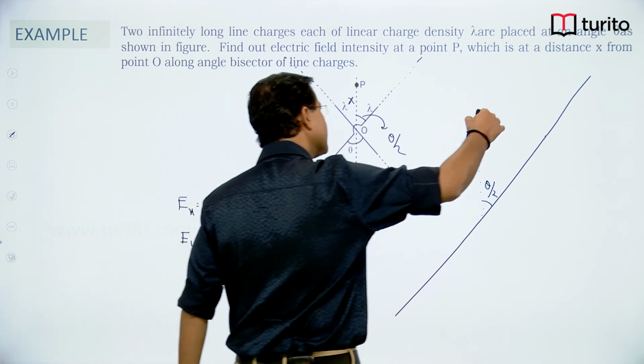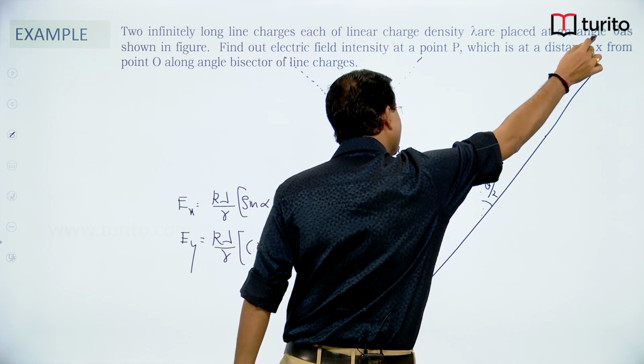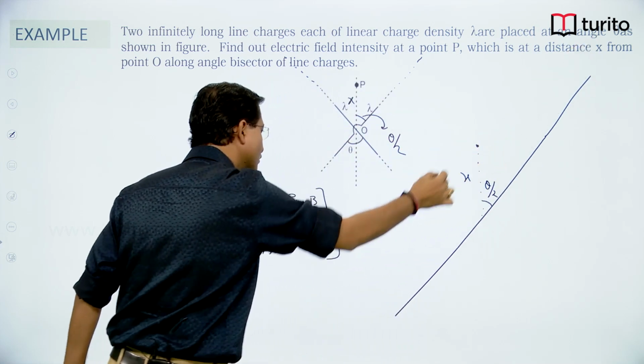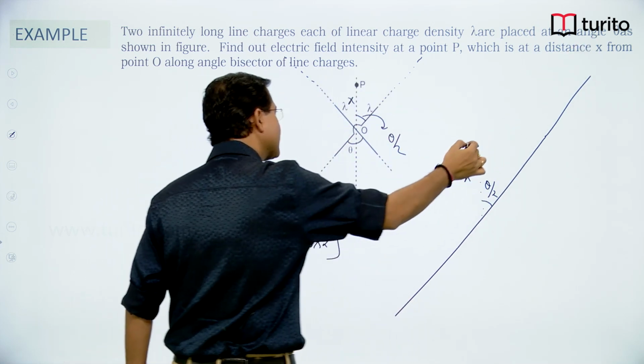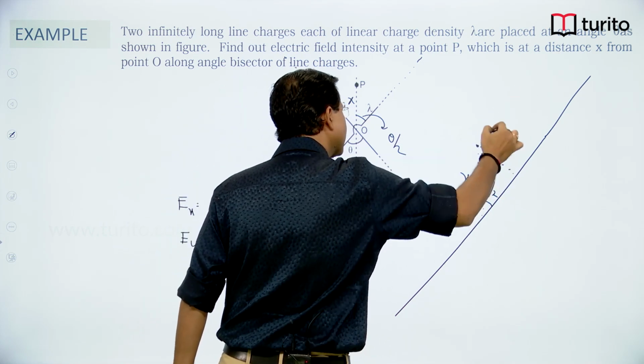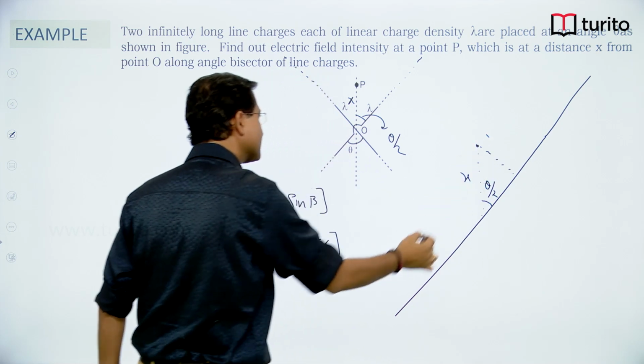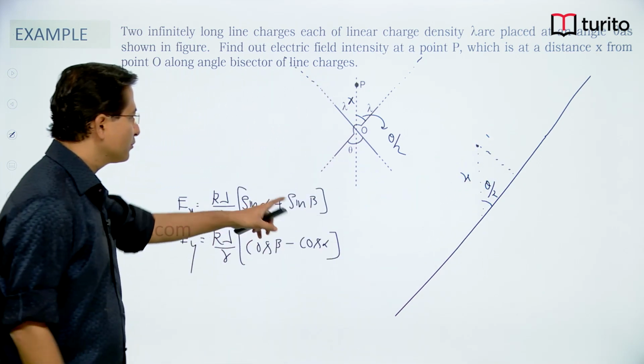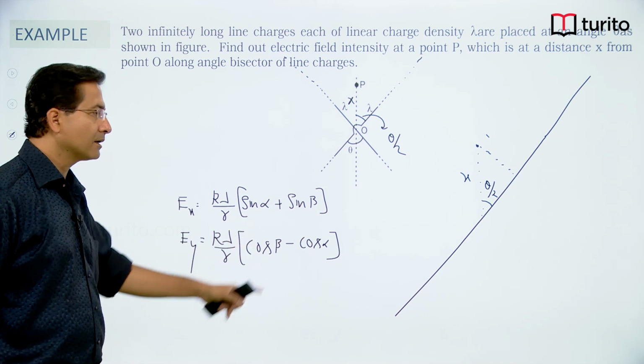If I join this one to the last part of the wire and join this one to the last part of the wire, then you can see this angle is tending to pi by 2 and this angle is tending to pi by 2. So with pi by 2, this will become 2 and this will become 0.